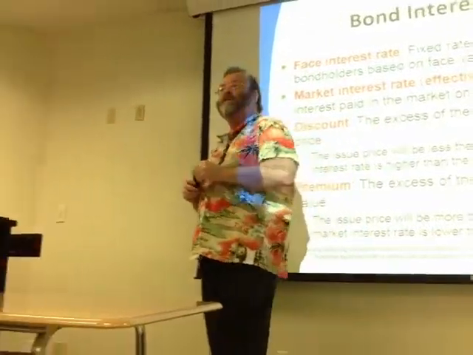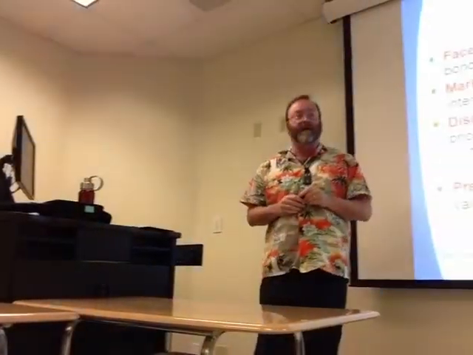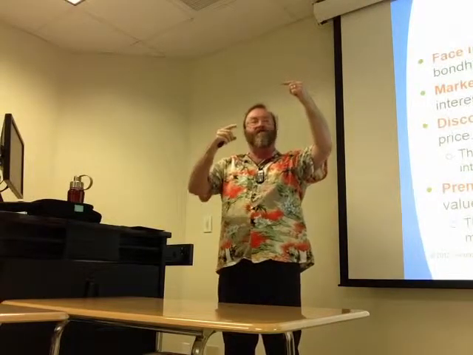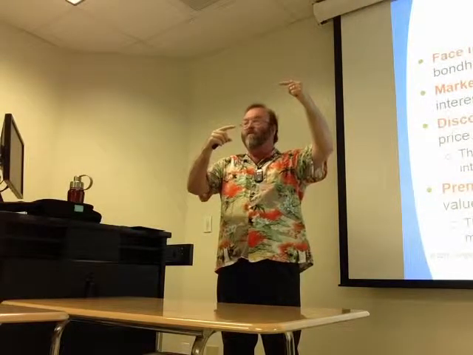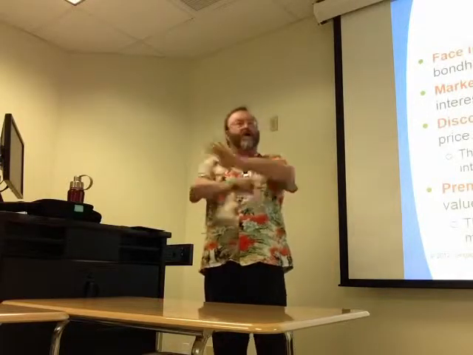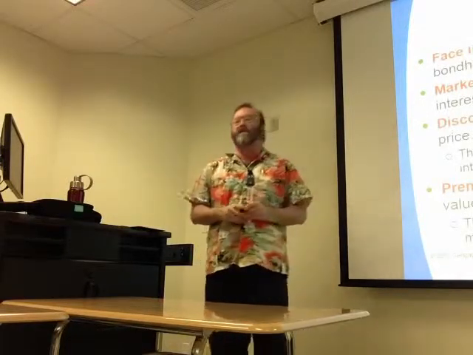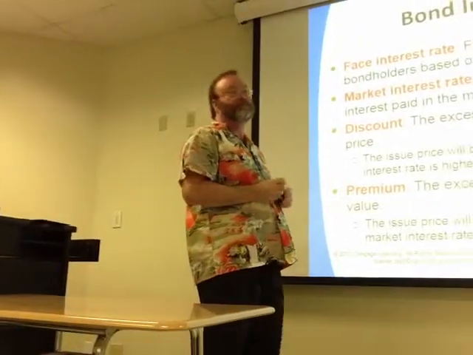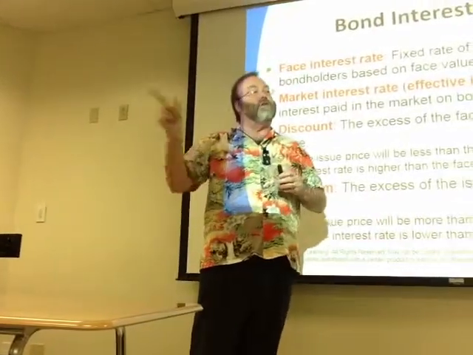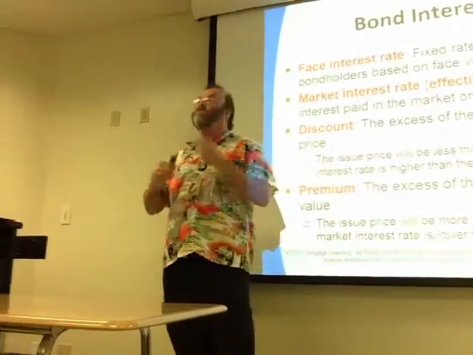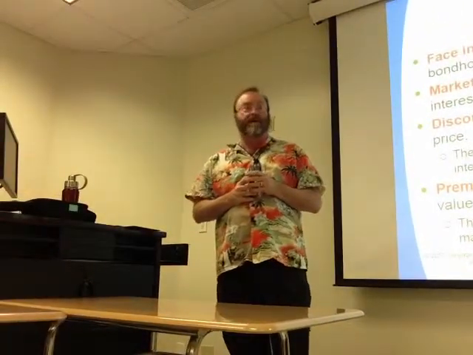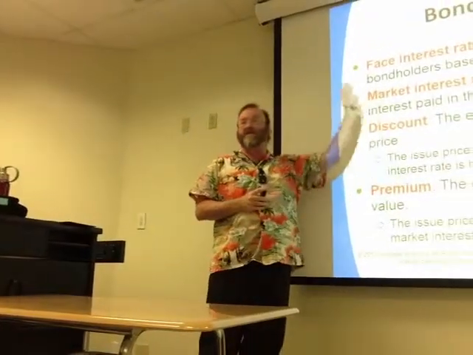If the bond is paying 10% interest and the market only wants 9%, in other words, the face interest rate is higher than the market, for an investment of similar risk, the market only needs 9%. They will reward you for your generosity and give you more than your face. You will sell that bond at what is known as a premium. And I'm going to show you here with present value tables how we get there.